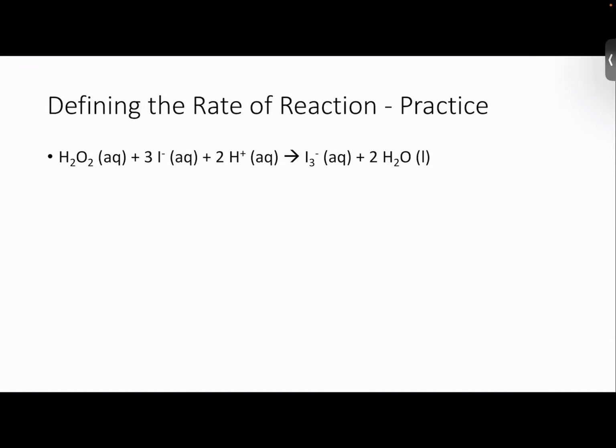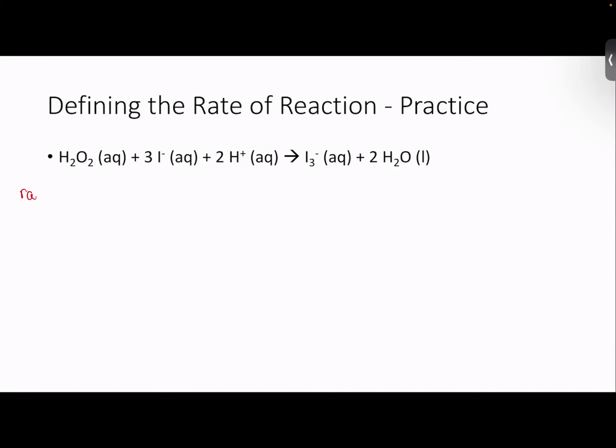Okay. So here I have the reaction of hydrogen peroxide with 3 iodide ions in an acidic medium to form the triiodide ion and water. Let's develop a rate of reaction expression for our reactants and our products.